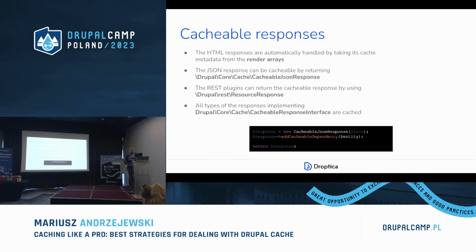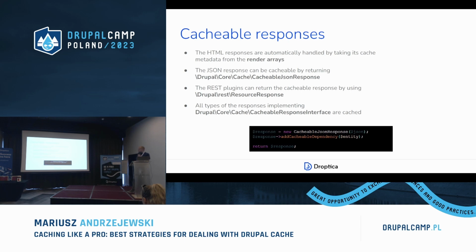The same goes for REST plugins. You should use that only for GET methods, because the others are operations to update, create, or delete. So it can be cached, but only the GET method from the REST plugin.